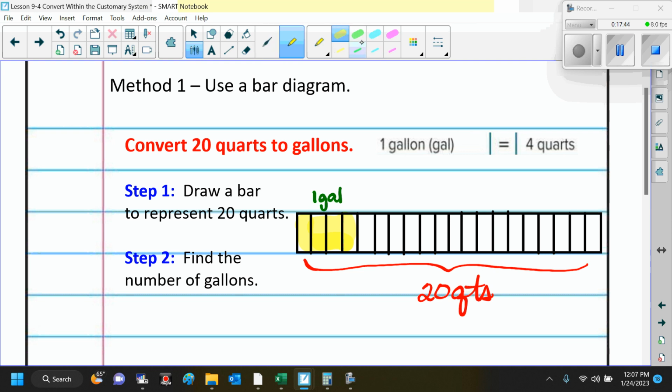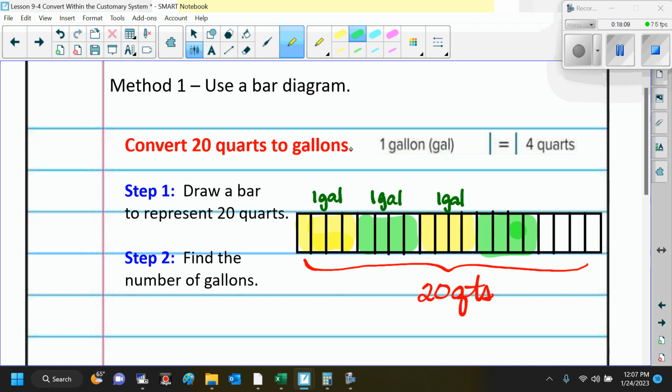So if I shade another 4, that's going to be another 1 gallon. I shade another 4, 1, 2, 3, 4. What's that? That's 1 gallon. And then we just keep on going. You gotta keep on going because this is how you show your work.